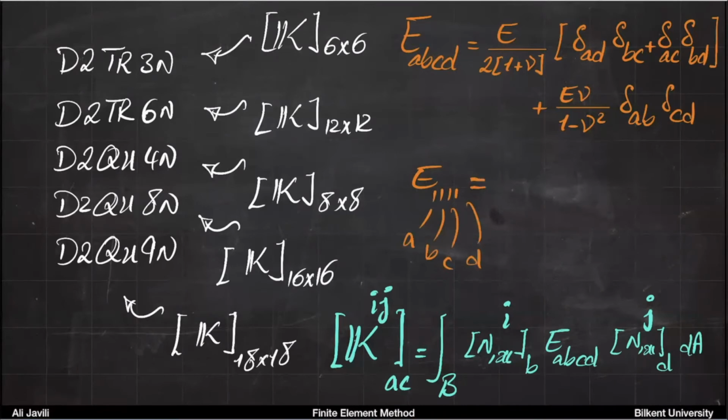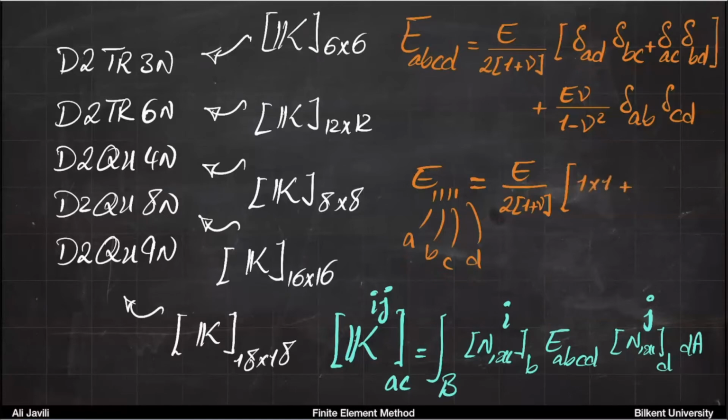So let's calculate each of these terms. So this is the coefficient of that term, 2, 1 plus nu. Now, what is delta AD? If A is 1 and D is 1, delta AD is 1 because A and D are equal. Delta BC is also 1 because B and C are also equal. So that is 1 times 1.